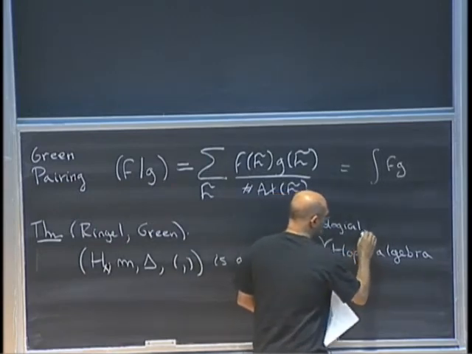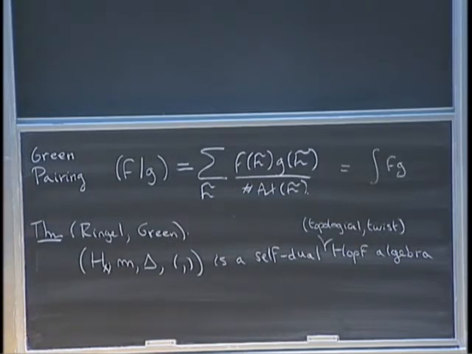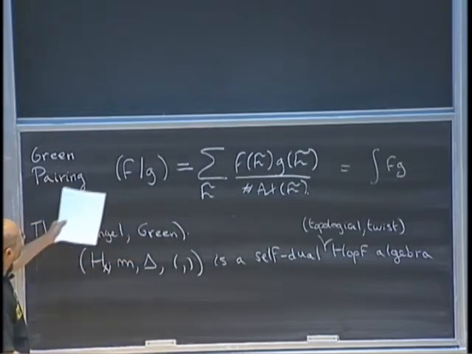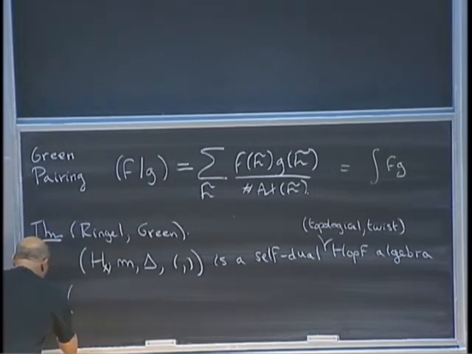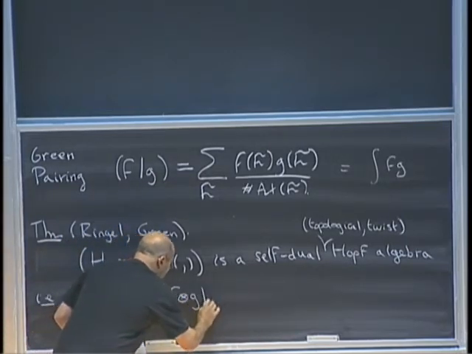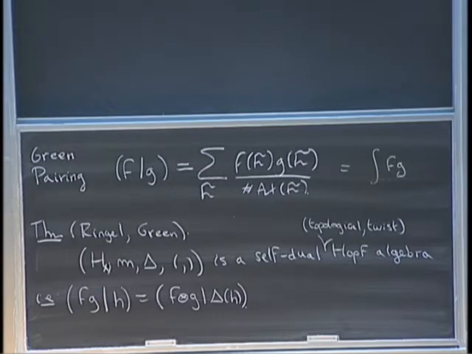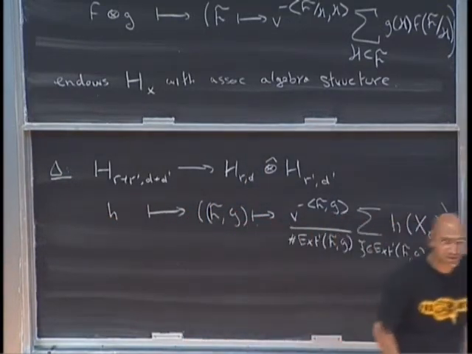And also not a problem is the fact that you have to twist a little bit the product in order to actually get a Hopf algebra. And what does it mean to be a self-dual Hopf algebra? It means that you have this non-degenerate pairing which satisfies the following property. If I have fg against h, then this is the same thing as f tensor g against delta of h. So in other words, this says that these two operators, multiplication and co-multiplication, are adjoint. And so this is forced on us if we want to have such a nice property.